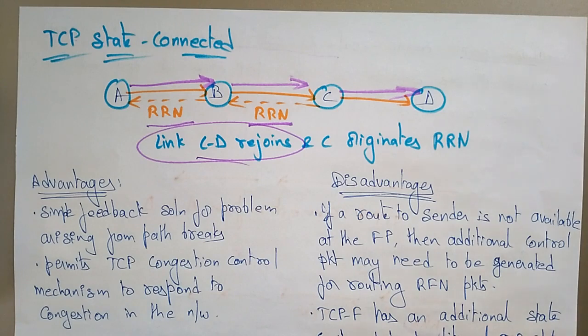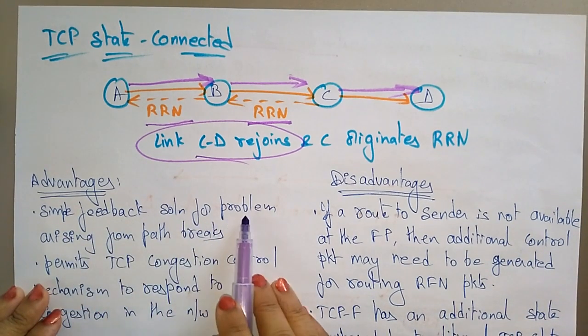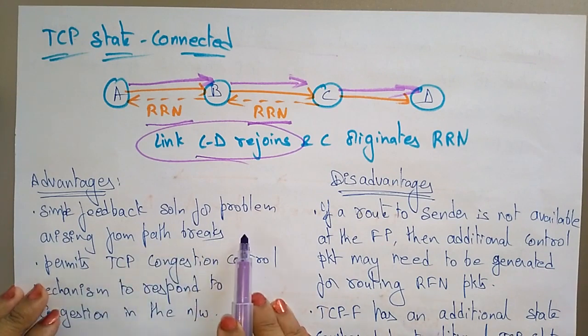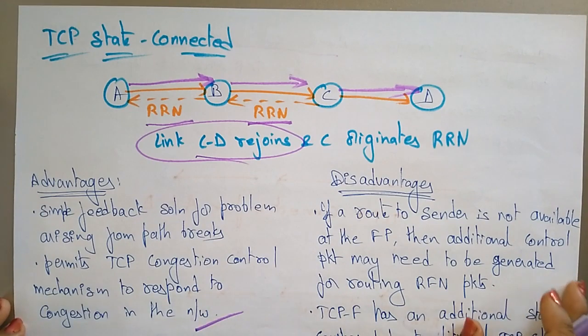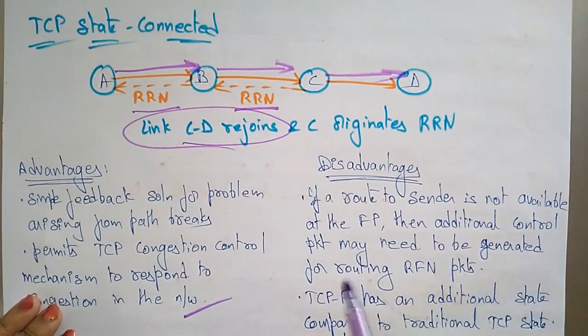Now let's see the advantages and disadvantages of using this feedback TCP. The advantage is that it is a simple feedback solution for problems arising from path breaks, and it permits the TCP congestion control mechanism to respond to congestion in the network. What about the disadvantages?